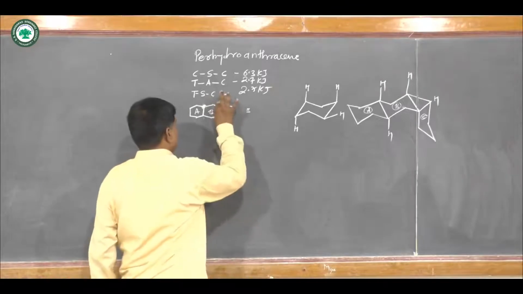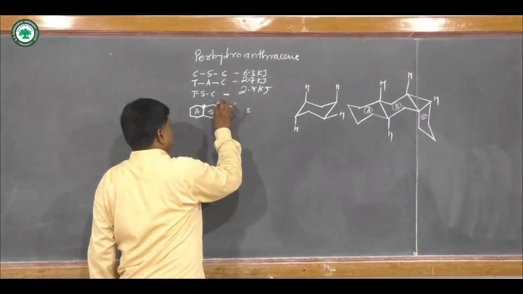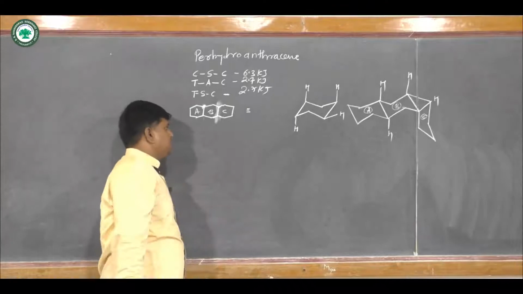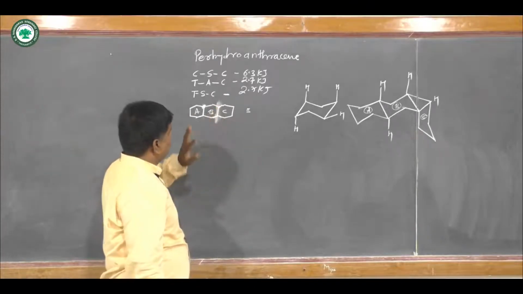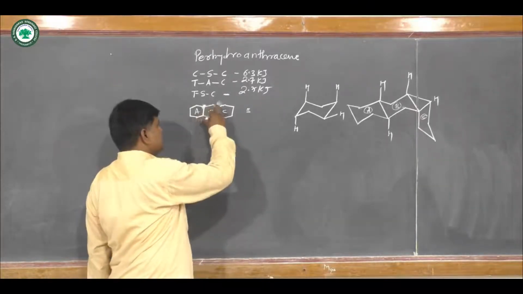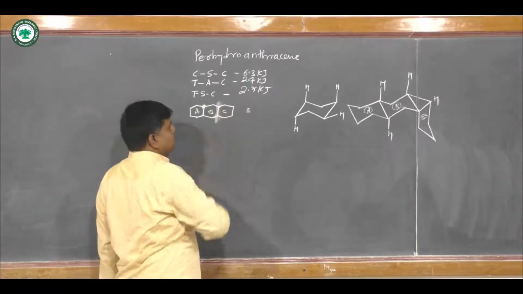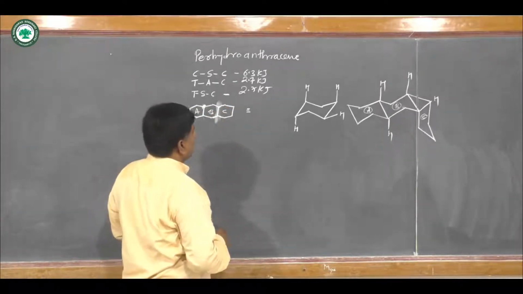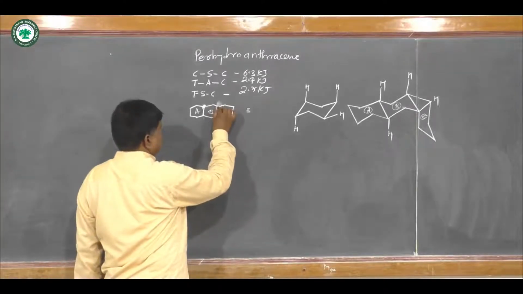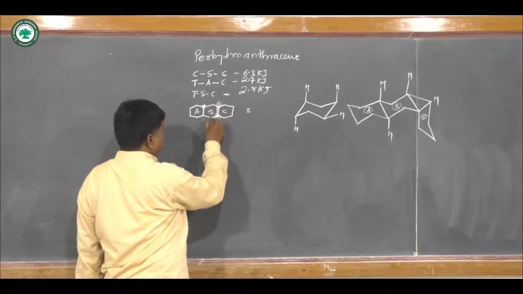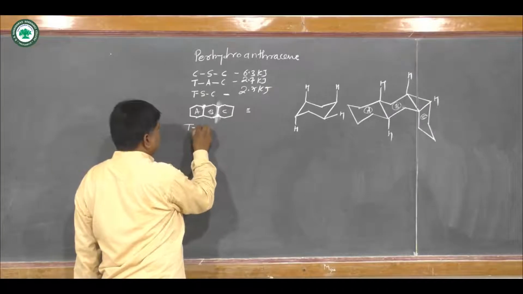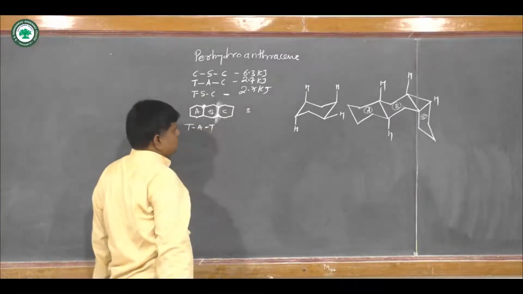Then anti means here one dot, and in B and C, the first carbon atom has no dot, because this is the anti combination. And the next one is trans, so one dot is here. So we write here trans anti trans.